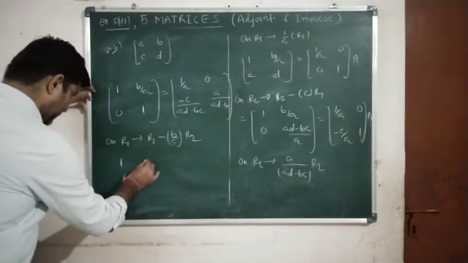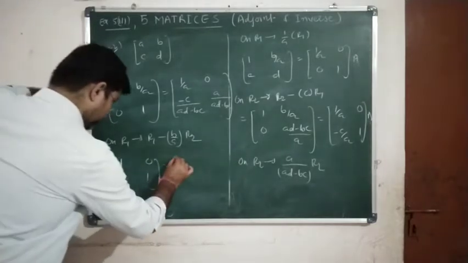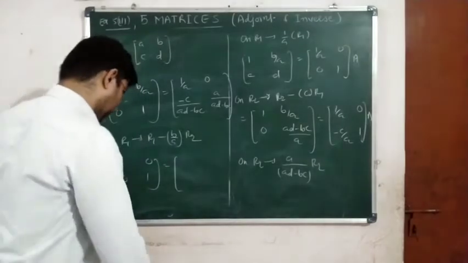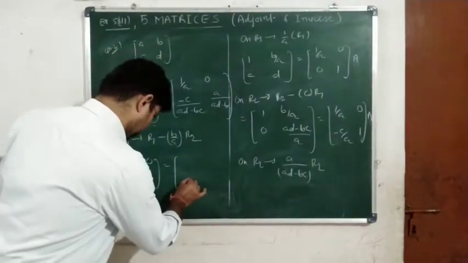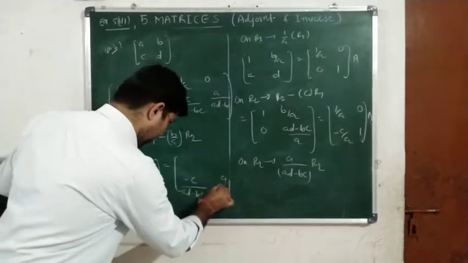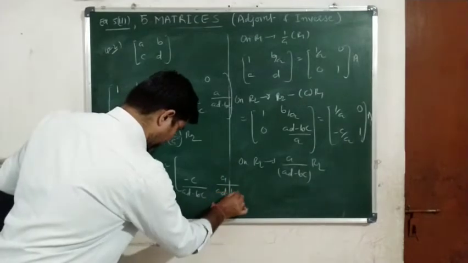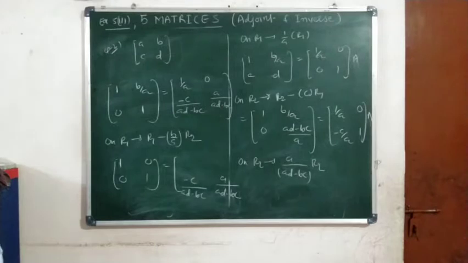So [1, 0; 0, 1]. Okay, R2 will be as it is. So minus C upon AD minus BC, A upon AD minus BC. Okay, if you multiply by B by A, so minus BC upon A into AD minus BC.